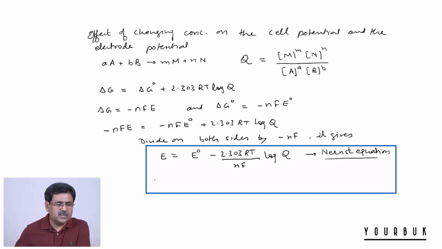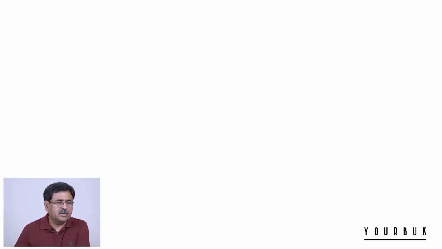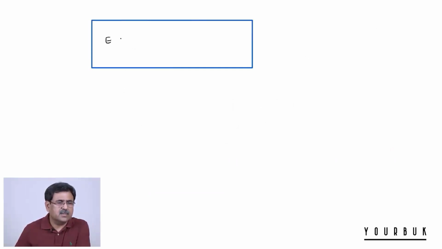Now, at 25 degrees Celsius, we know that the value of 2.303 RT upon F is equal to 0.059 volt. So, we can simplify our Nernst equation as this: E is equal to E degree minus 0.059 upon n log of Q. This is the Nernst equation at 25 degrees Celsius or 298 Kelvin.